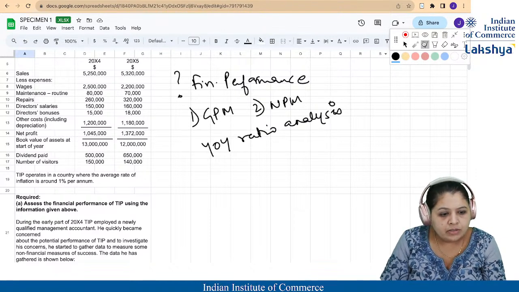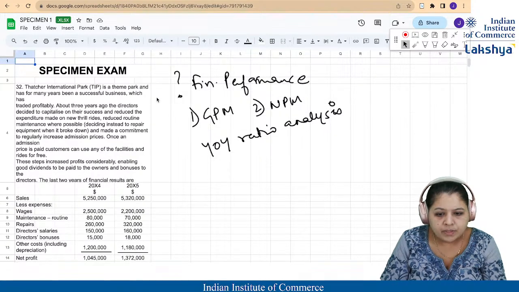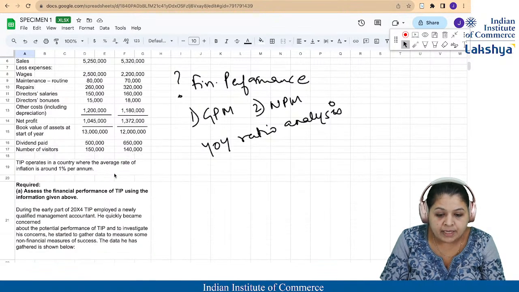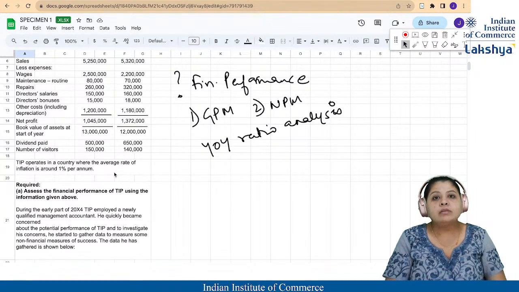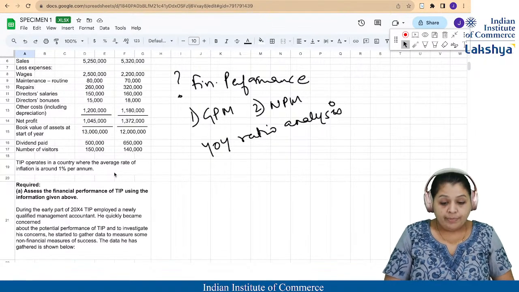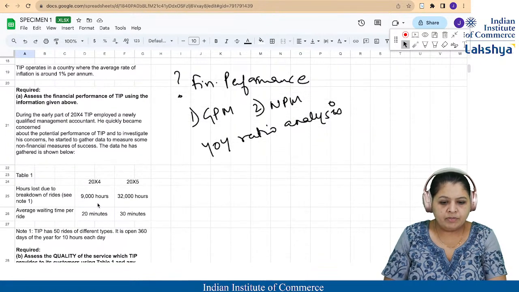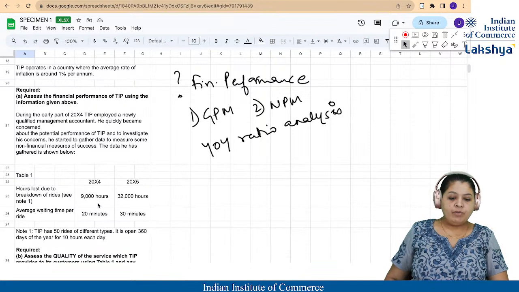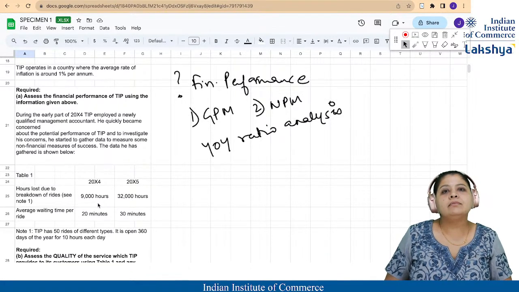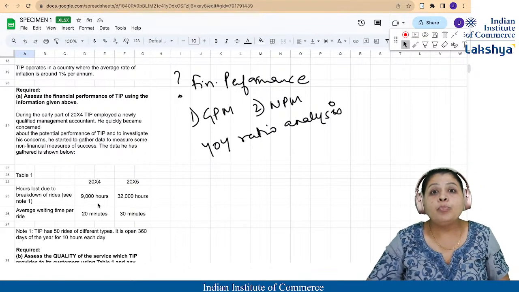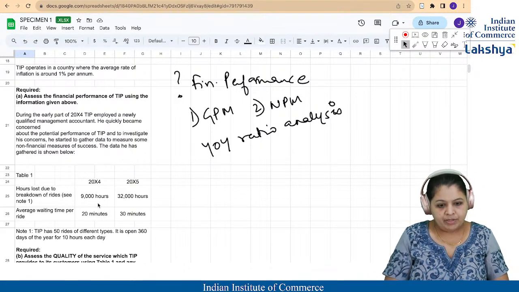So if you see here, let me just put it up here. See this company, they have got three directors and they are thinking of capitalizing. They've increased the price, and the increase in the price has not done any good or has not been justified. See, because the increase in price is there. But if you see, the number of breakdowns have gone up pretty much. The waiting time has also gone up pretty much. So this can be put into your pointers of why that has happened, right?